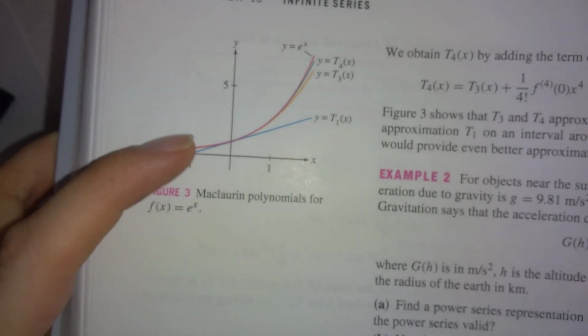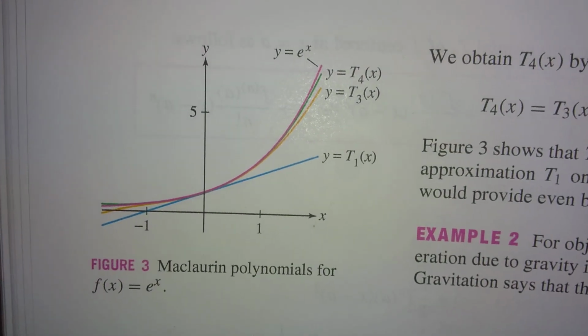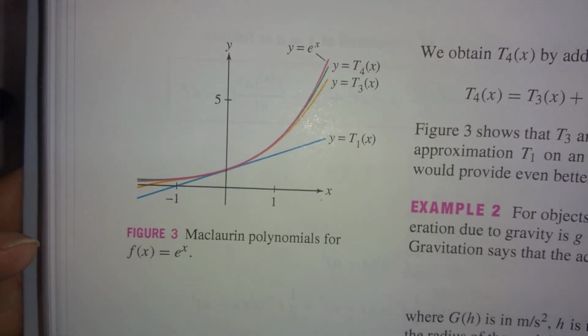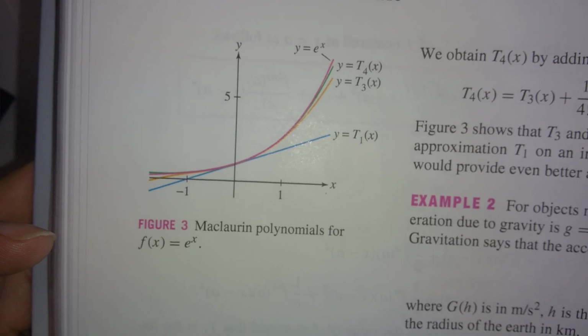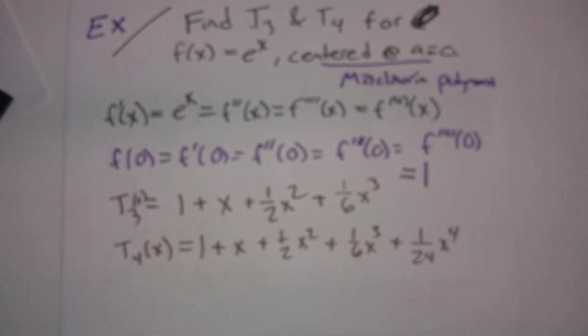We can see that the orange and the green curves do much better jobs at approximating e to the x. Not perfect, but much better jobs. So higher ordered Taylor polynomials do a better job at approximation. Okay, we'll have a lot more to say in future videos.